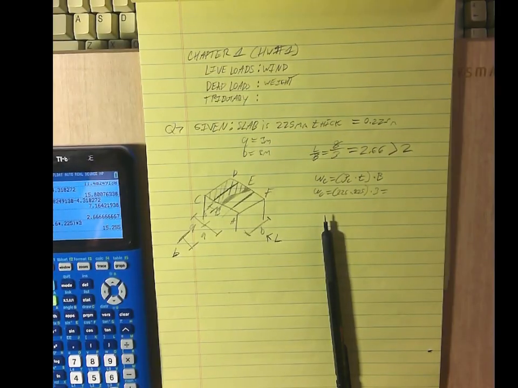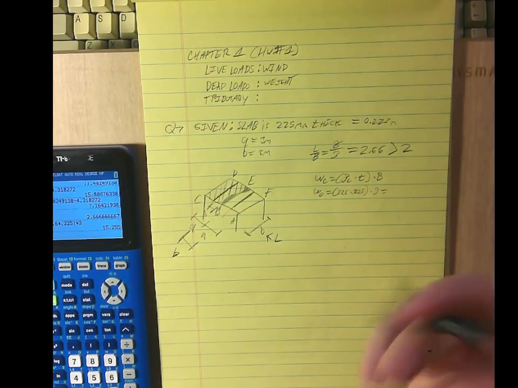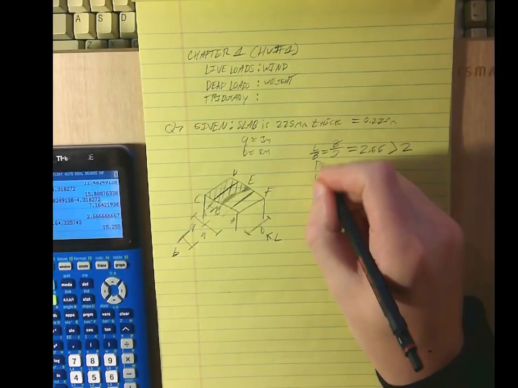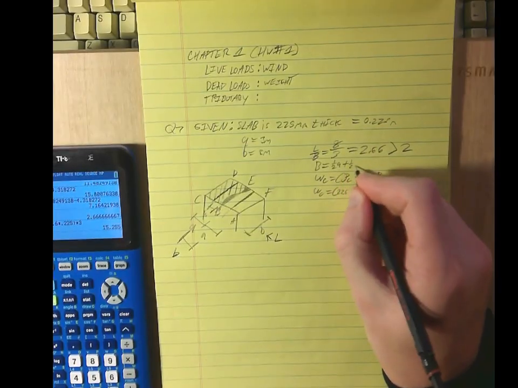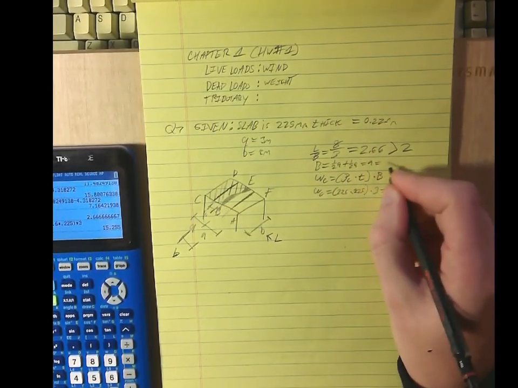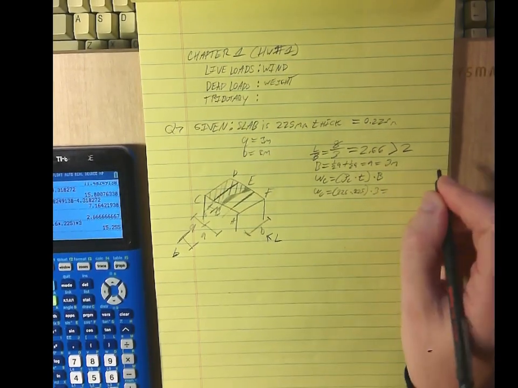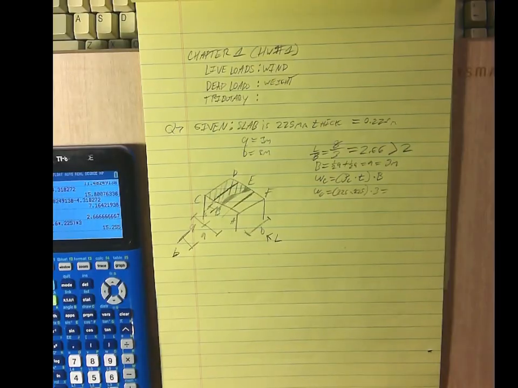We did the correct conversion there. That is correct tributary area. Nothing about this is wrong. Tributary width is B. We know that tributary width B equals 1/2 A plus 1/2 A equals 3 meters. So that's our tributary width. Our thickness, we're told, is 225 or 275?